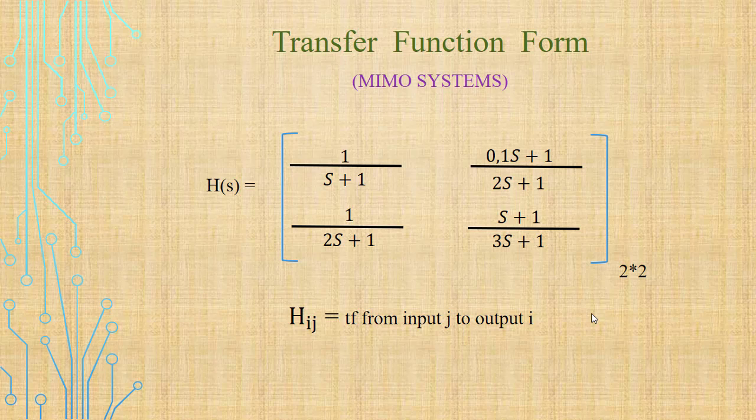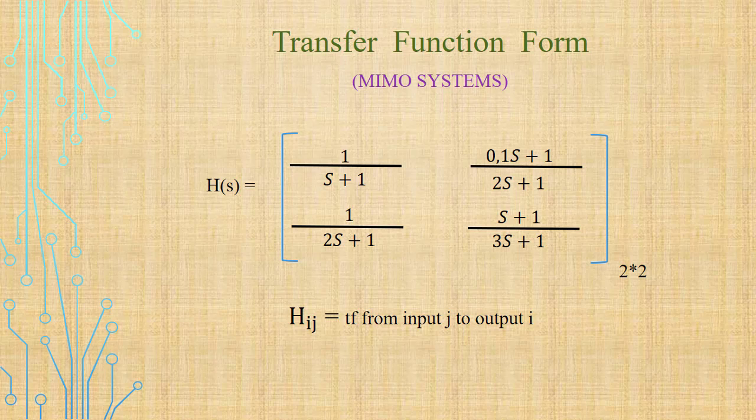We have the same rules in MIMO systems. In MIMO systems, we have multiple inputs and outputs. Now we consider system H, which has 2 inputs and 2 outputs.